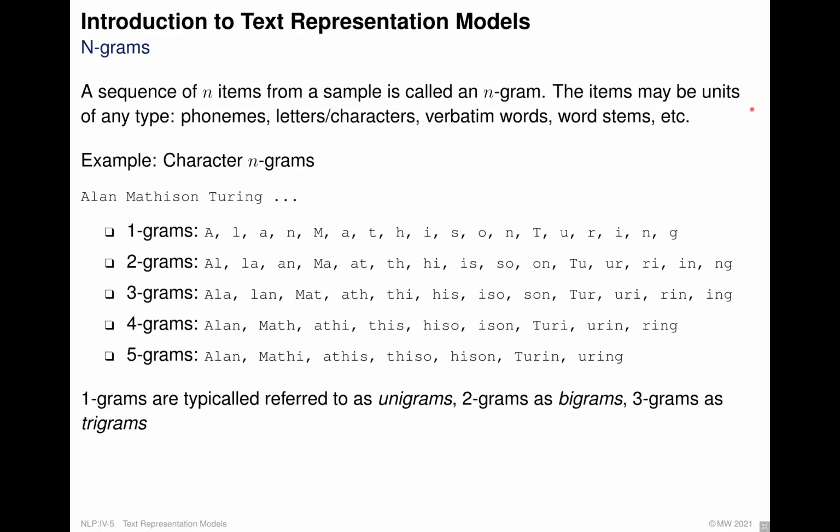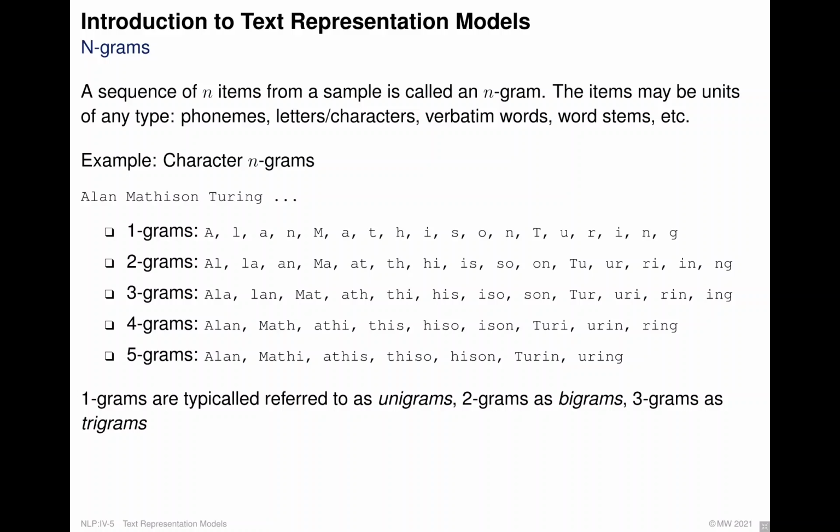We talked about stemming, for instance, so these may be Ngrams of stemmed words. Here's an example of character Ngrams for the string from the previous slides, Allen Mathison Turing: unigrams of characters, bigrams of characters, 4-grams and 5-grams of characters.